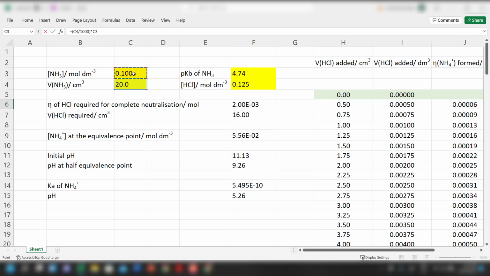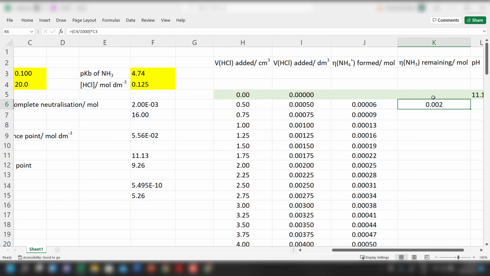So this will be the amount of ammonia I have at the start. But remember, for the cells we need to ensure that they are fixed, because these are fixed variables. So it's important to put them in first to be the fixed variable.